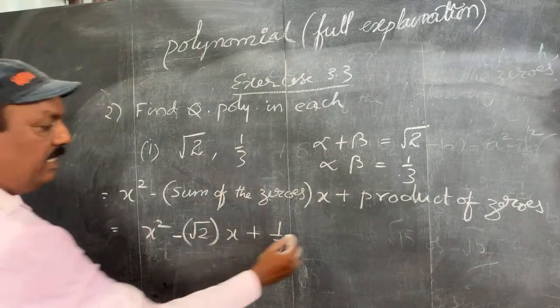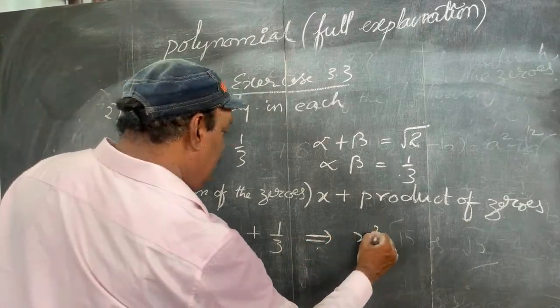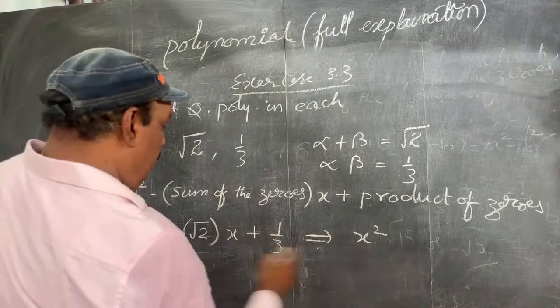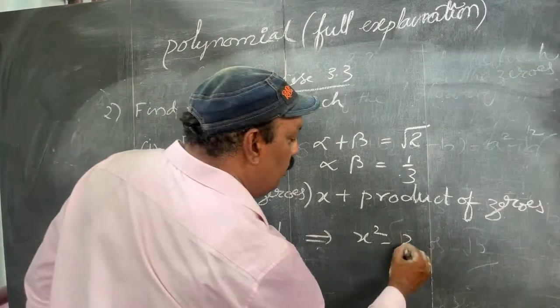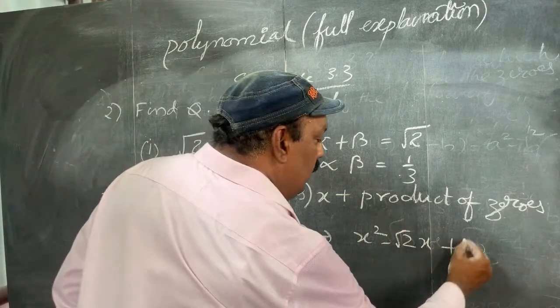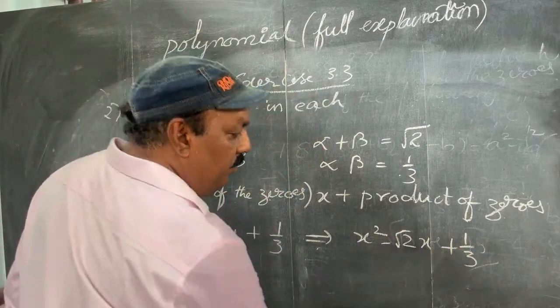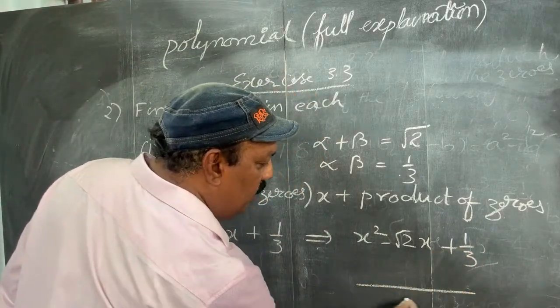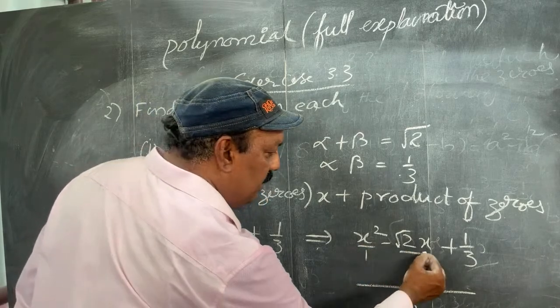So now in the next step, what will I do? x square minus root 2 into x, minus root 2x, plus 1 by 3. Now here, because of the fraction, we have to go for LCM. We have to think it is 1 there.